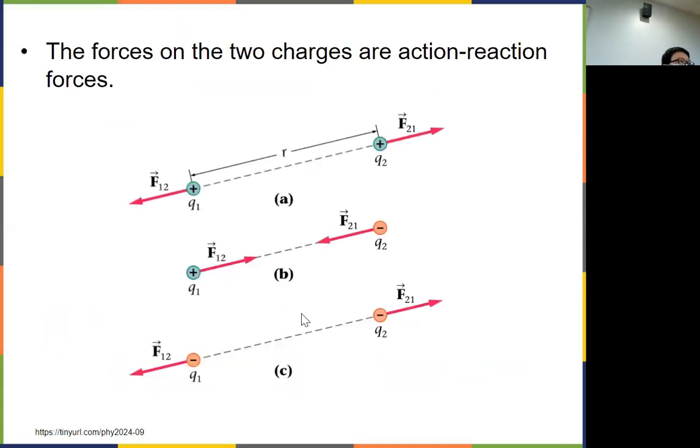Here's a figure showing different scenarios: repulsive forces for like charges, and attractive forces for opposite charges. Just keep in mind that the forces on the two charges are an action-reaction pair, because they have the same magnitude but point in exactly opposite directions.